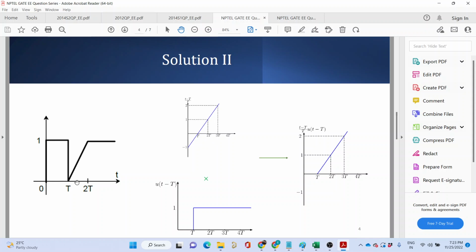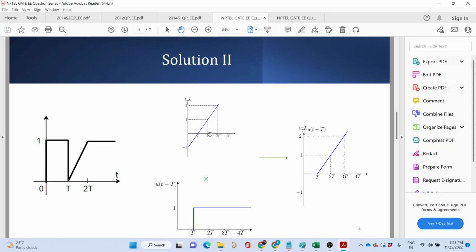Yes, sir. Now you want to add something to this function so that this becomes constant at 1. So at 2t, as the function's value is 1, the value of the other function which I am adding to this function has to be 0 at this point. Yes, sir, so that it doesn't cancel out the value at 2t.